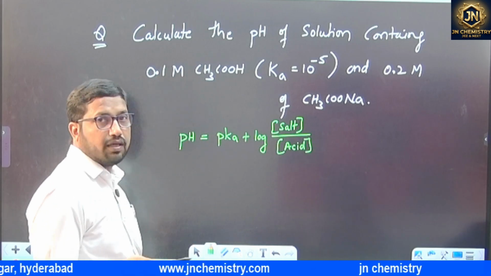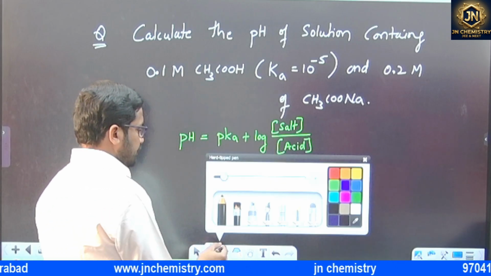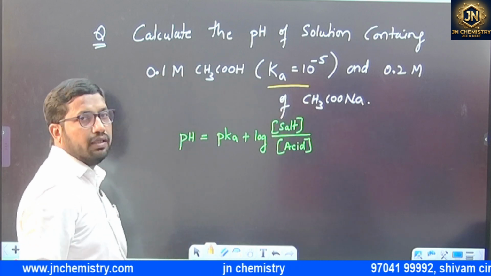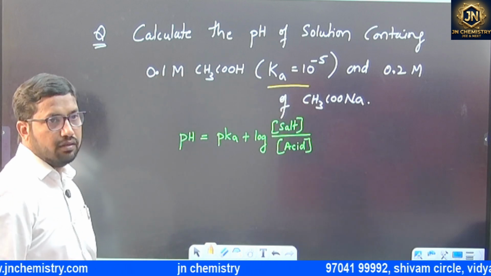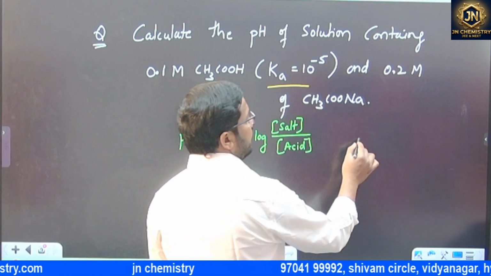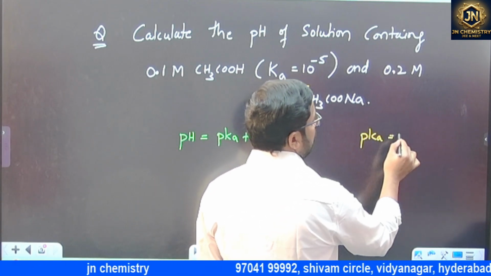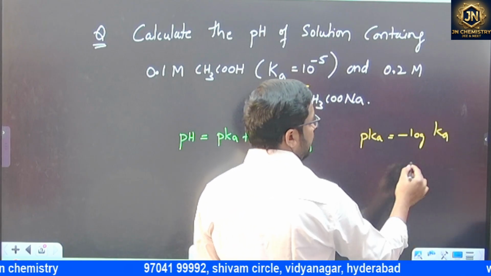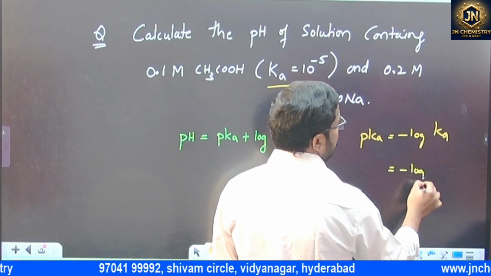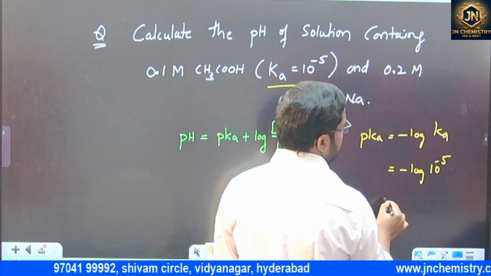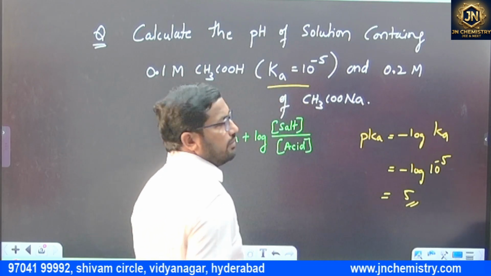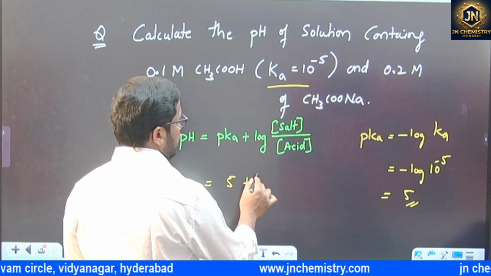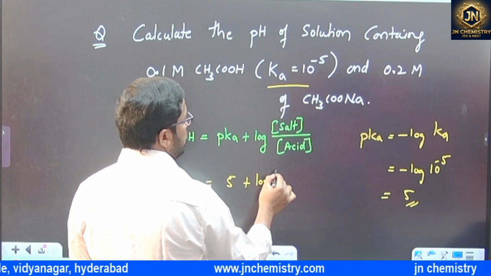So this is a formula, right? But here Ka is given, right? pKa means minus log Ka, right? Minus log of 10 to the power of minus 5 is nothing but directly 5. So 5 plus log salt concentration.